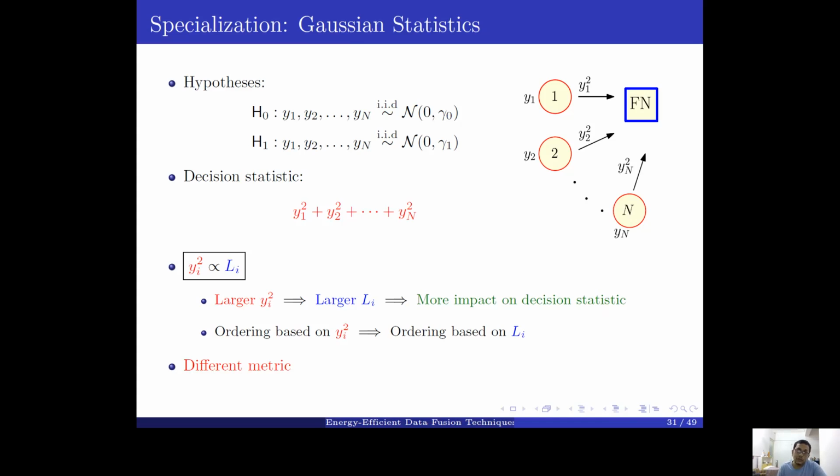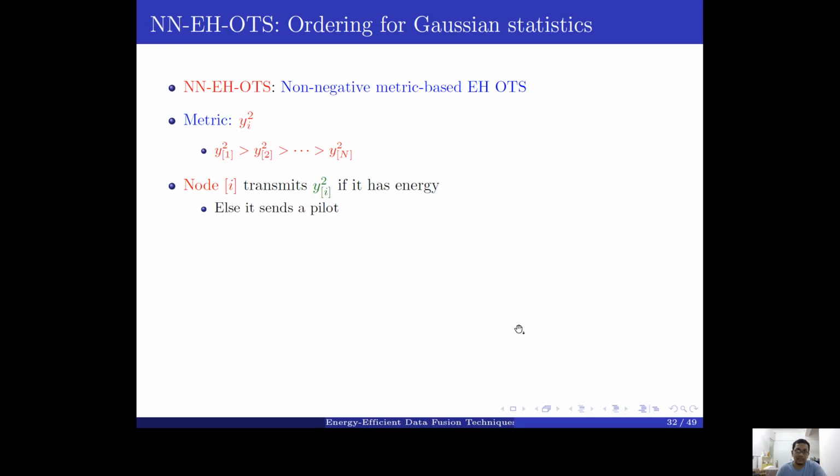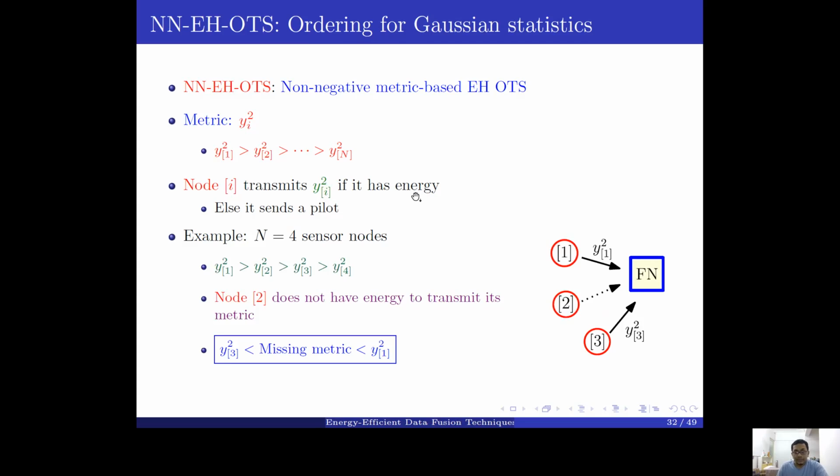Now, in this new metric, let's see how it handles the missing transmissions. We call this new order transmission scheme NNEH OTS, or non-negative metric based EH OTS. In this case, the metric is yi square, and a node will transmit yi square if it has energy, else it sends a pilot signal. Now, what happens here?